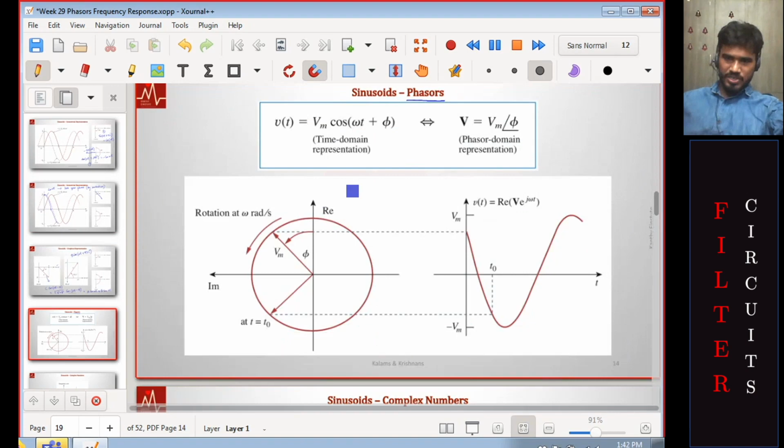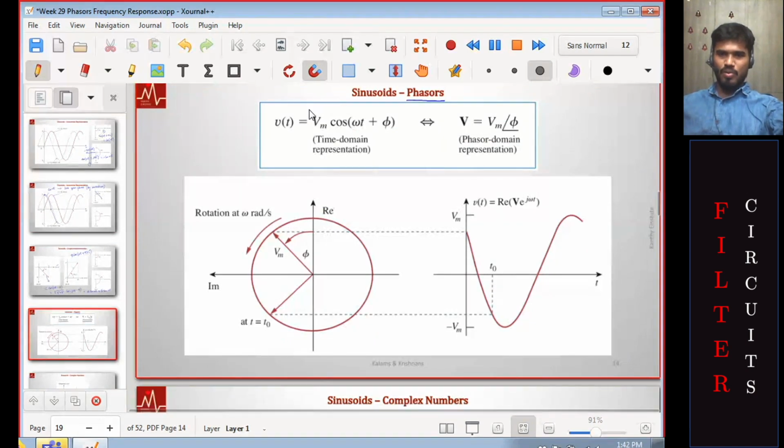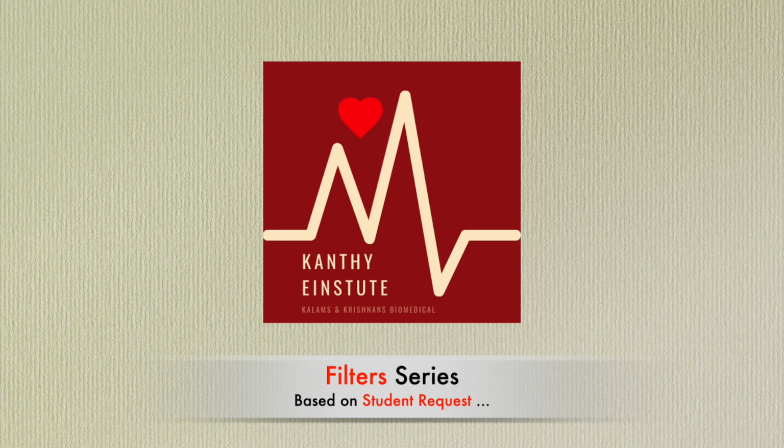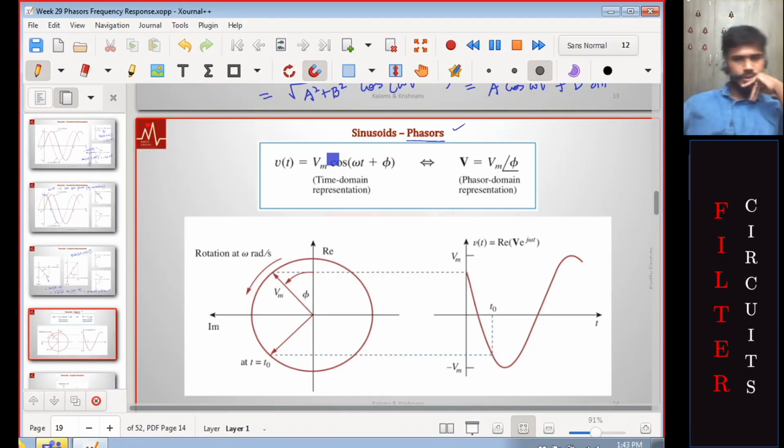Now, this is where we actually get to what we are referring to as phasors. So notice what we are going to do is forget this oscillation altogether in order to make easy calculations.